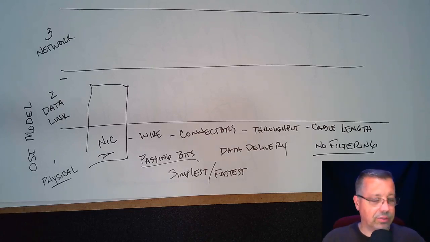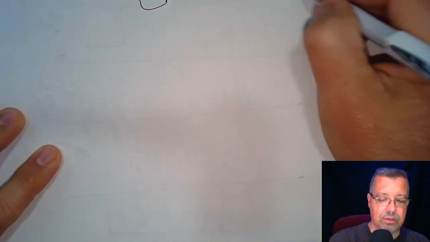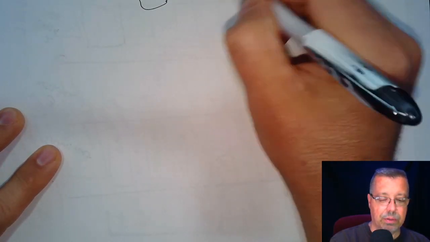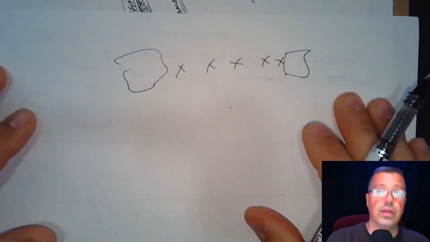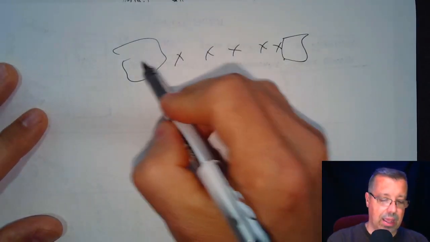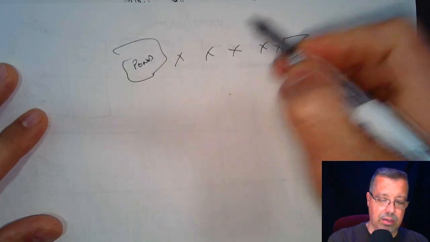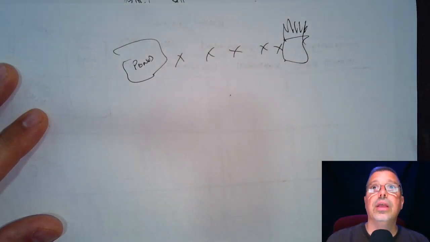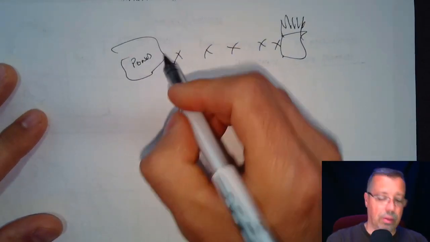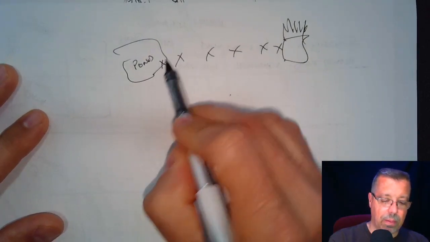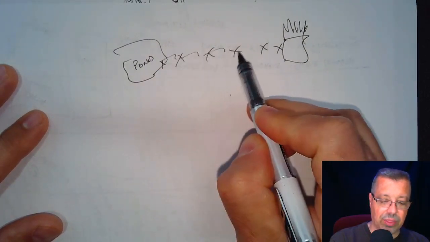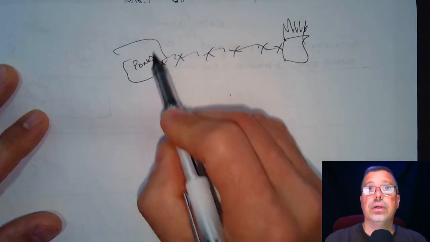So you have this line of people from the pond to the barn. If this is the pond and this is on fire, the person down here scoops up water and passes it and passes it and passes it. These are all layer 1 deliveries.